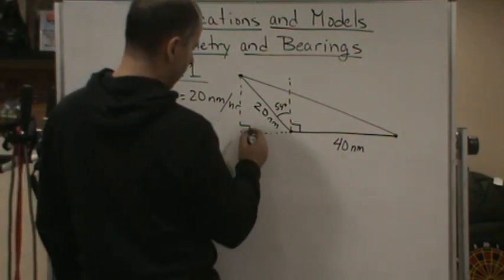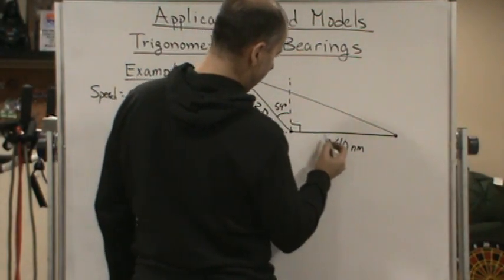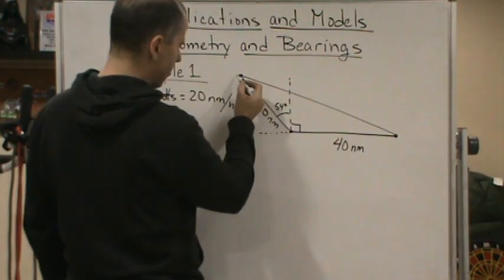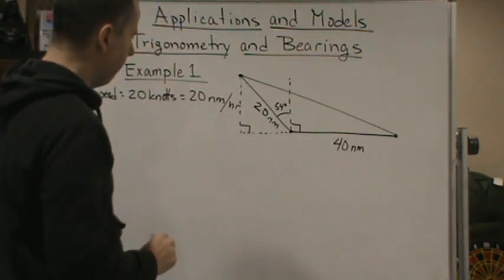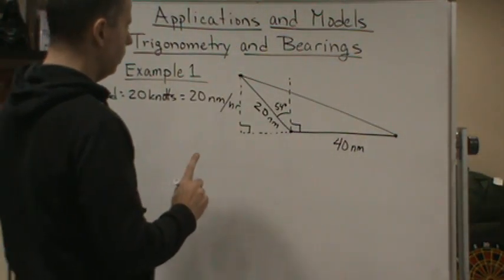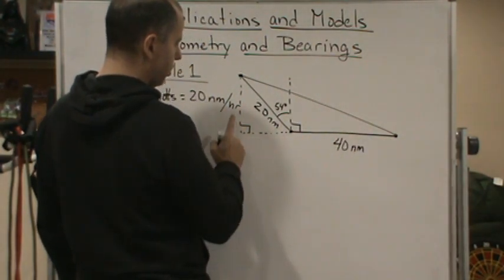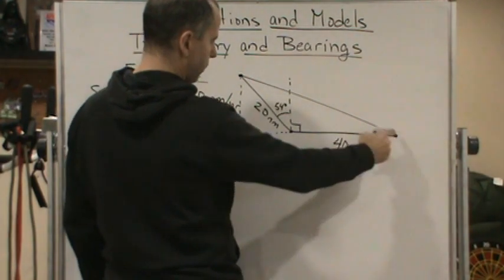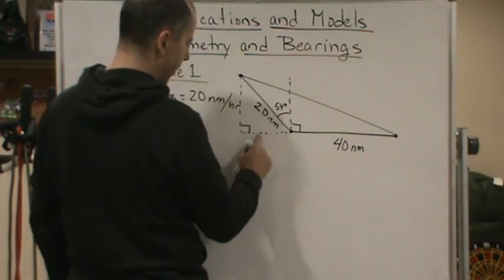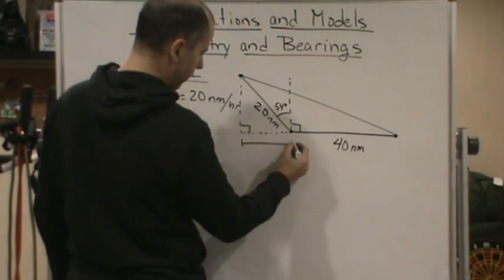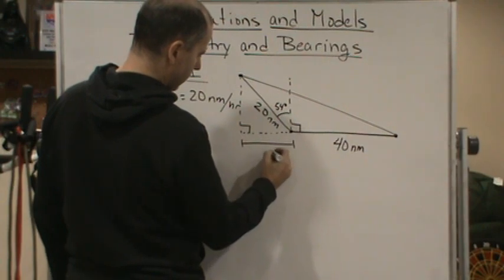Which makes, well, it actually makes a large triangle here, right? So we got a large right triangle here. So if we can find this distance here, then we can use trigonometry to find this distance here. So we're going to have to find this length.